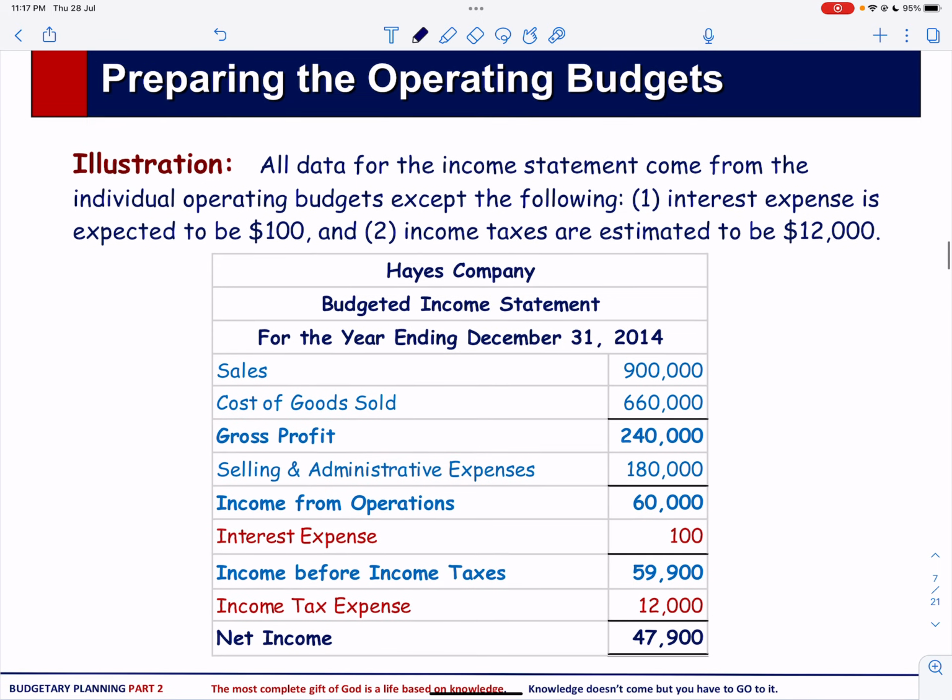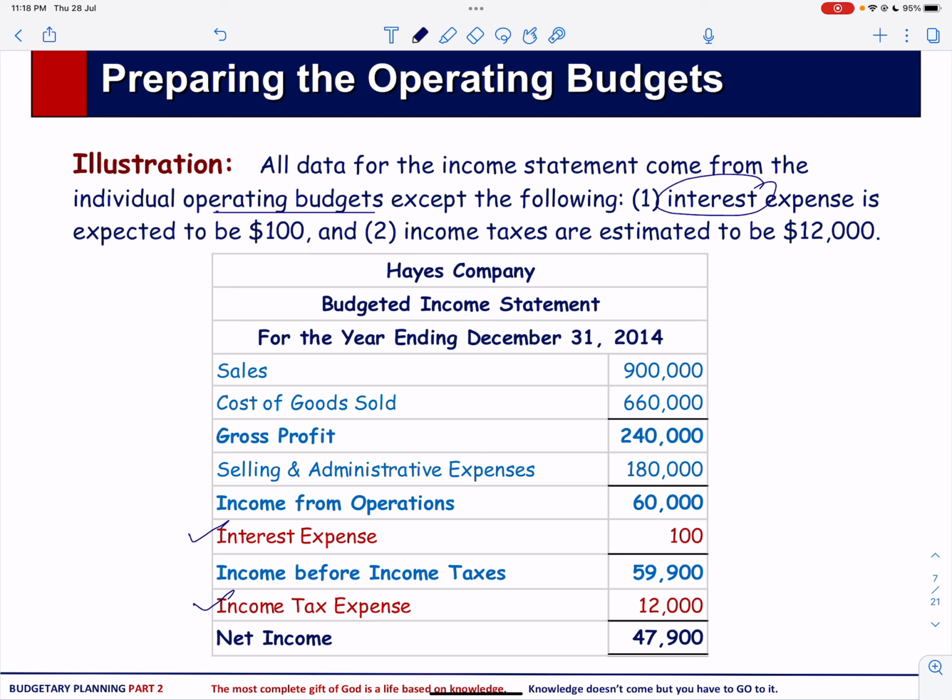All data of the income statement come from the individual operating budgets that we have talked about in the first video, except the following: the interest expense that is expected to be 100 in our case, and the income taxes that are estimated to be 12,000.